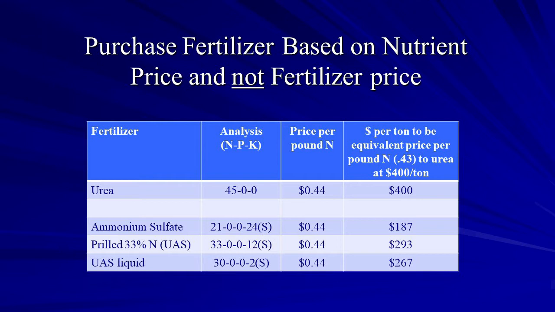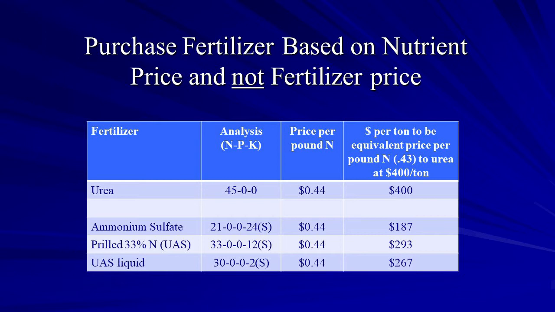If you have a ton of that, you're only looking at 420 pounds of nitrogen. So the price of ammonium sulfate would have to be about $195 a ton for you to buy enough of it to equal the amount of nitrogen that you get in the urea.